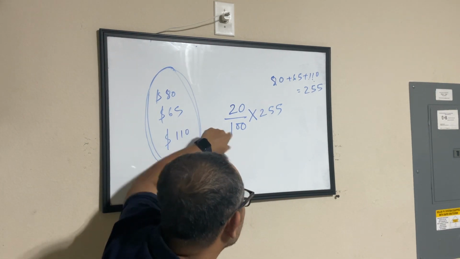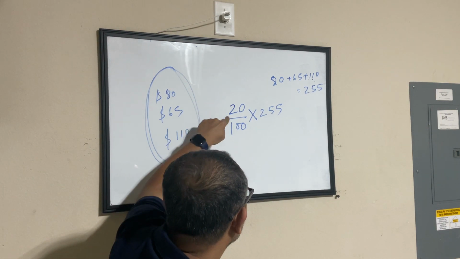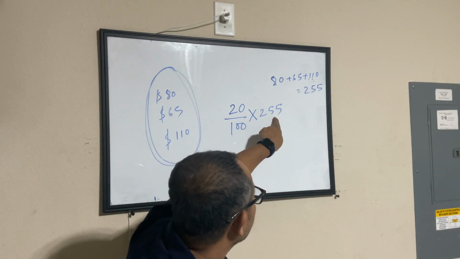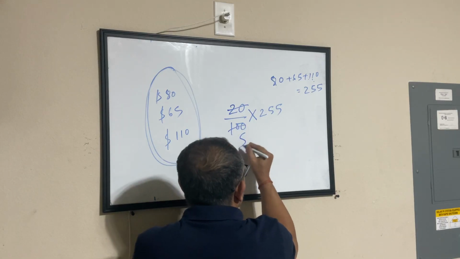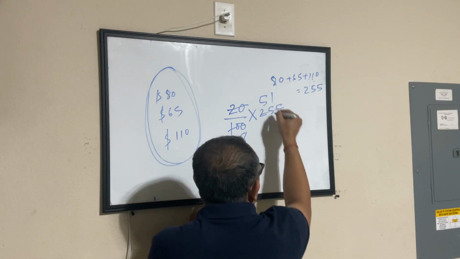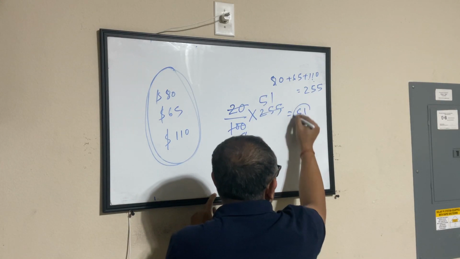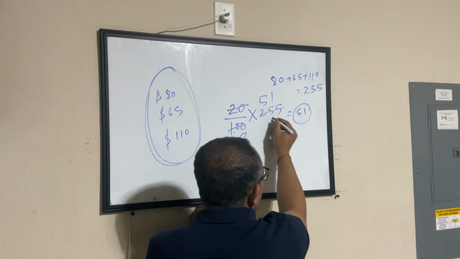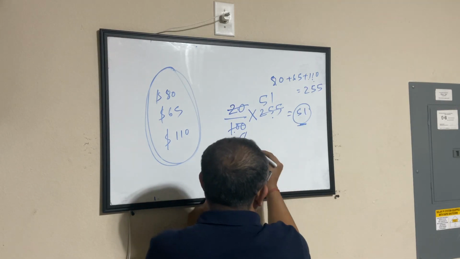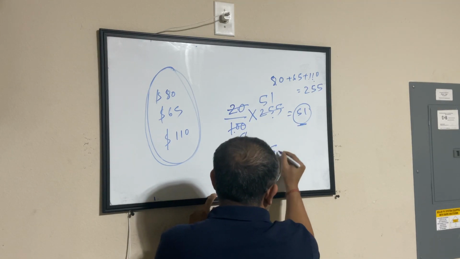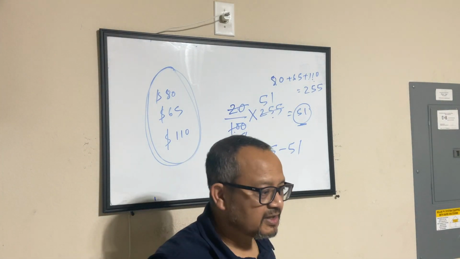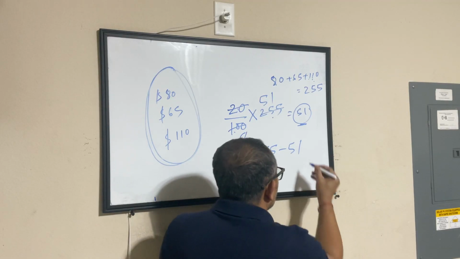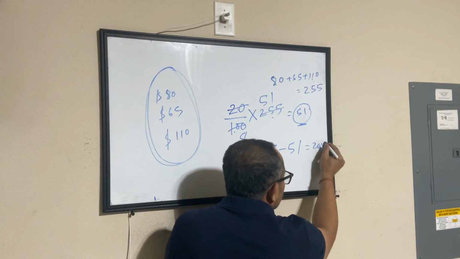Cent is short form of century. So 20% off 255, and then you do the calculation and you find it out. This becomes 2 5 is 5, 5 1. So $51 is the discount that you are getting. 20% of this is the discount, which is $51. Essentially, this is what will be deducted from what you have to pay. And then everybody said that you will have to pay $204.